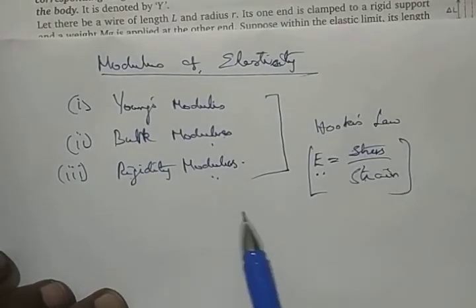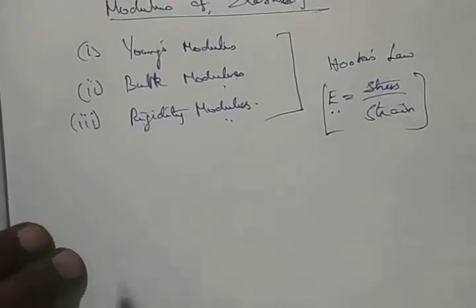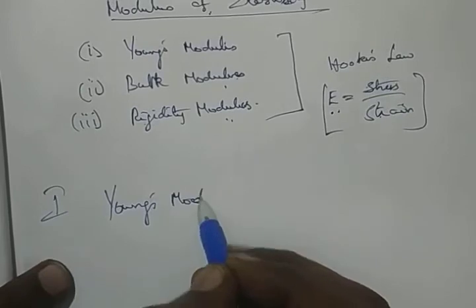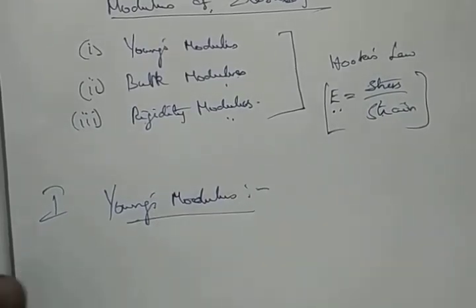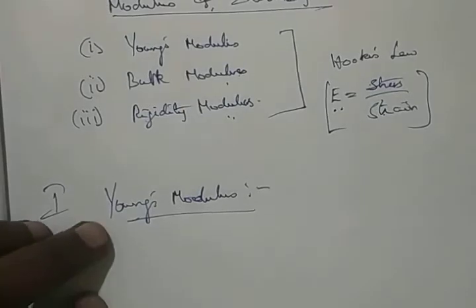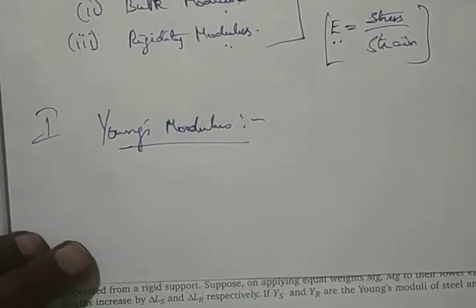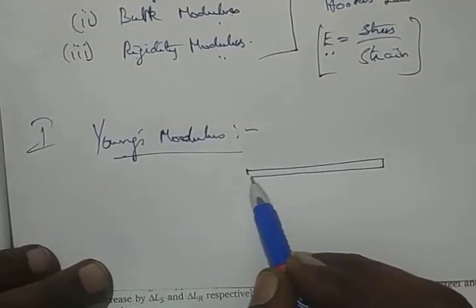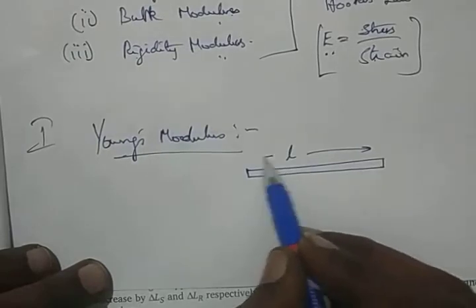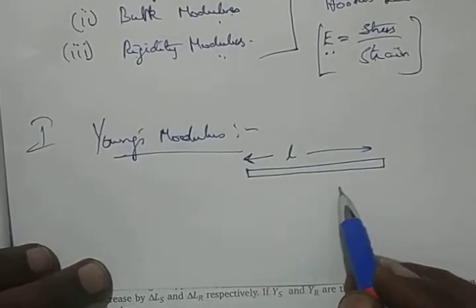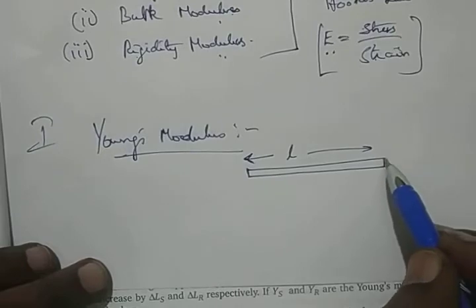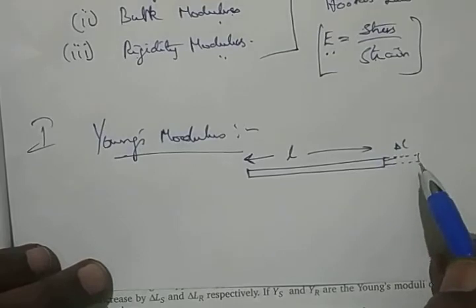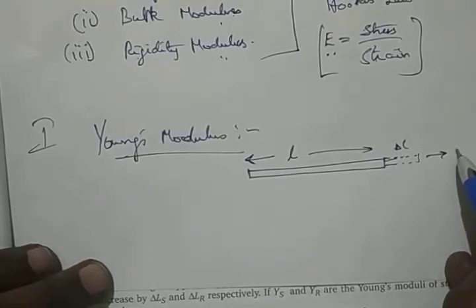Alright, let us go ahead and see one by one. Number one, the first one is Young's modulus. When does Young's modulus take place? Young's modulus takes place mainly when length is involved. Only the length is involved here, not volume, not anything else. You give a force here, and it makes a change called delta L, because you give an external force.